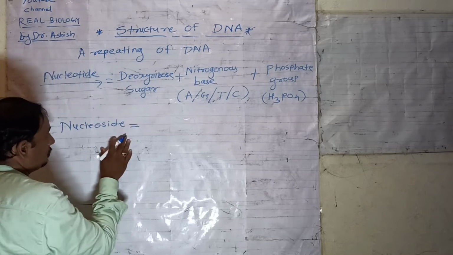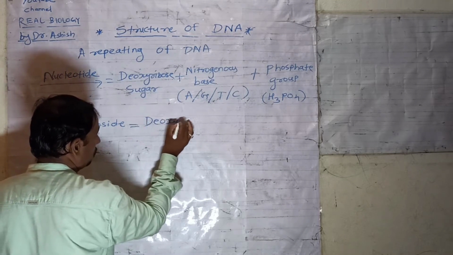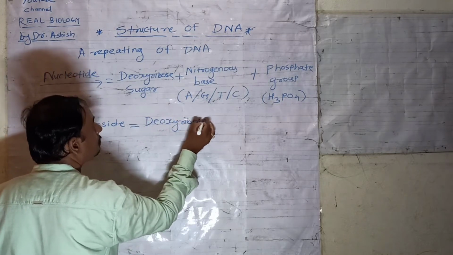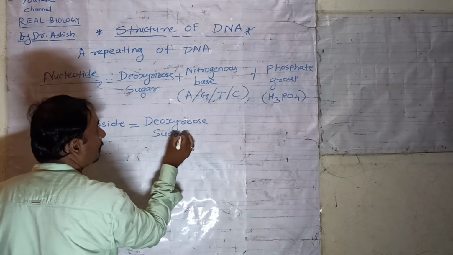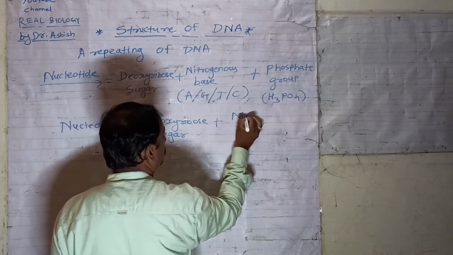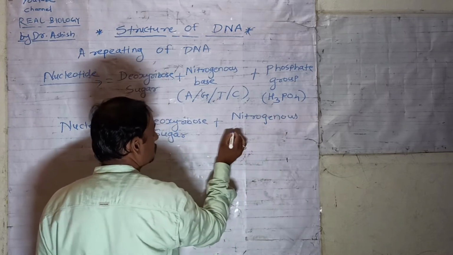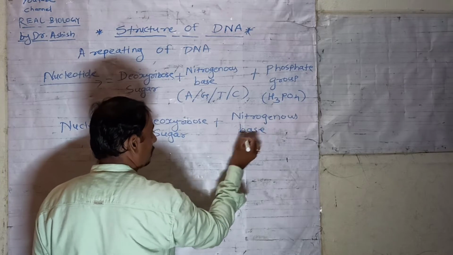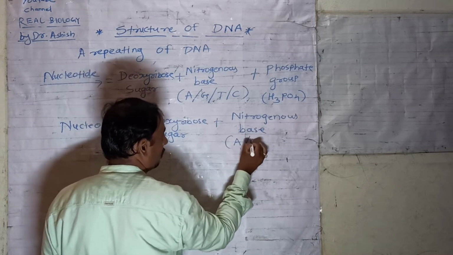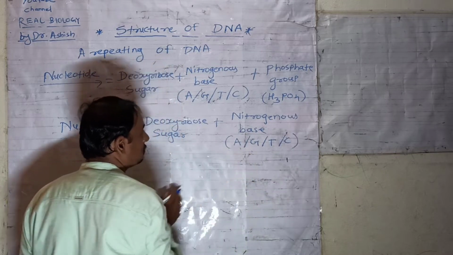So basically, a nucleoside is made up of deoxyribose sugar plus a nitrogenous base. There is no phosphate group. Which nitrogenous base? Either adenine or guanine or thymine or cytosine, one of these.